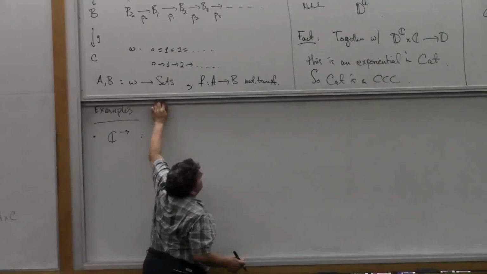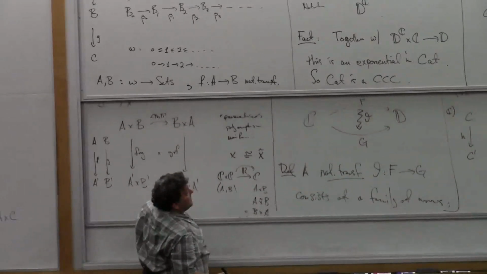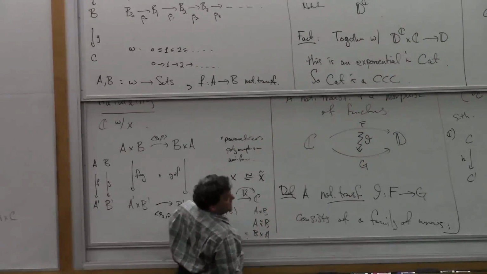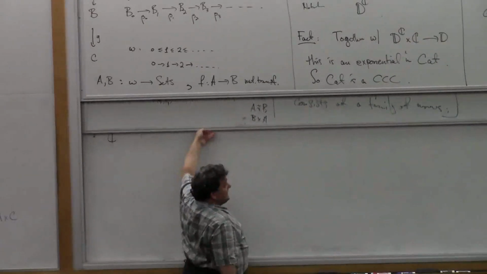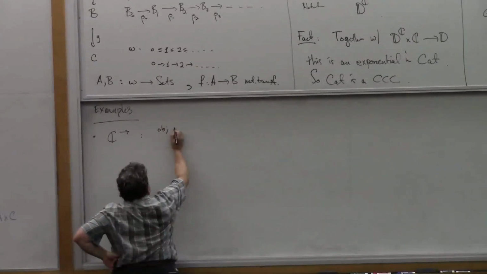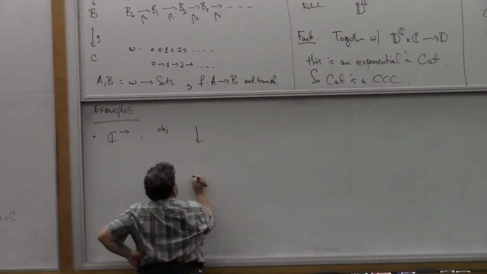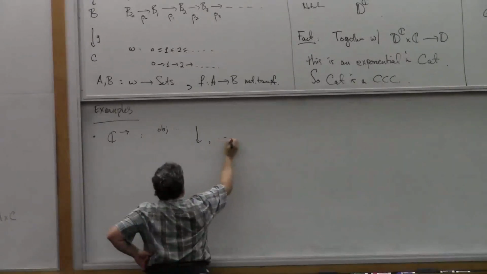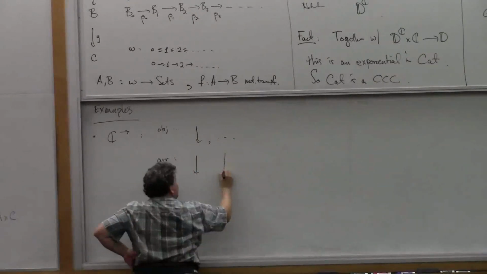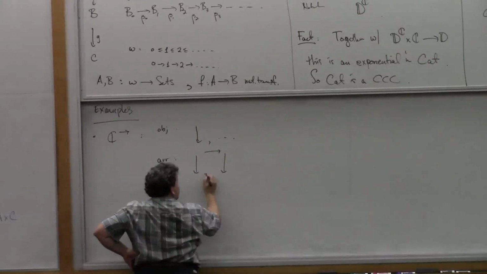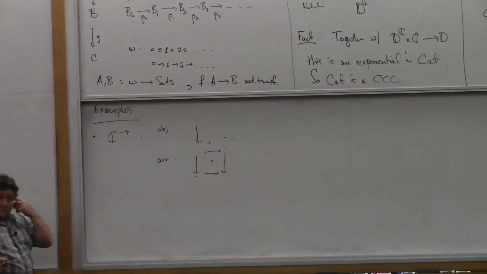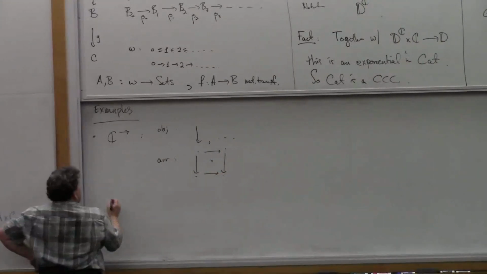The objects of the arrow category are arrows in C, and the arrows in the arrow category between two such objects are commutative squares in C, right?